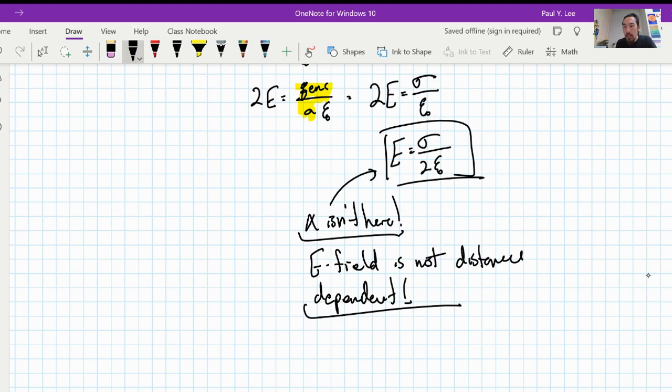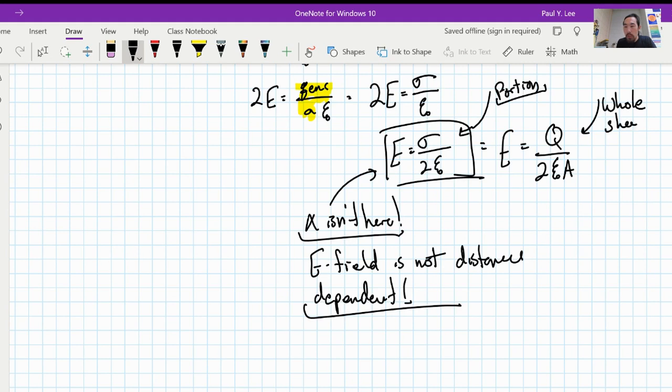I also want to extend out this formula. We can say that this is E equals Q over 2 epsilon naught A. So this is for a portion. Okay, so that's the E field for a portion, and this is the E field that we get for the whole. This is for the whole sheet, right?